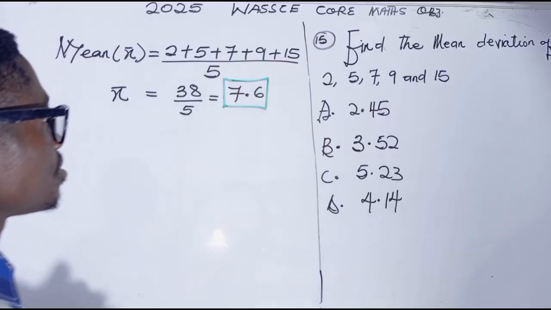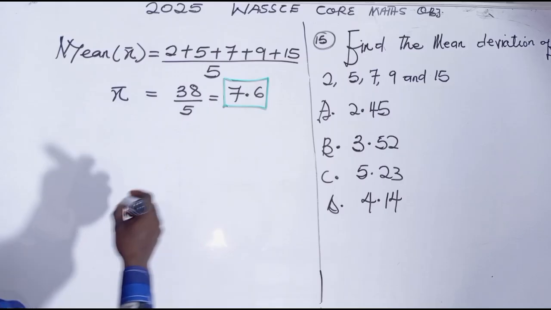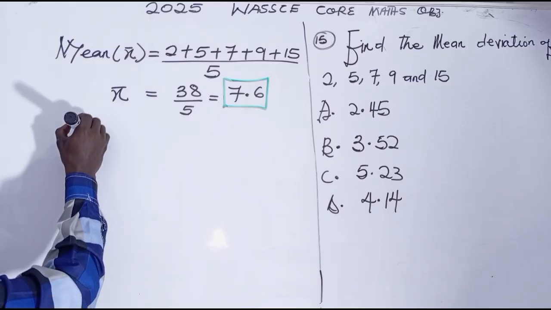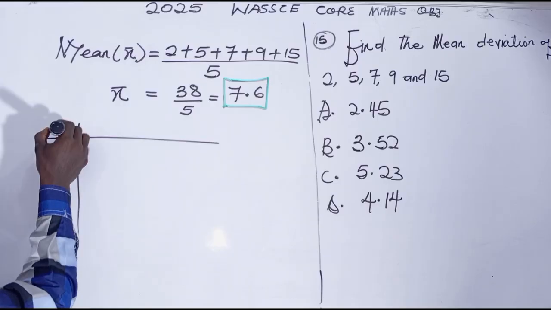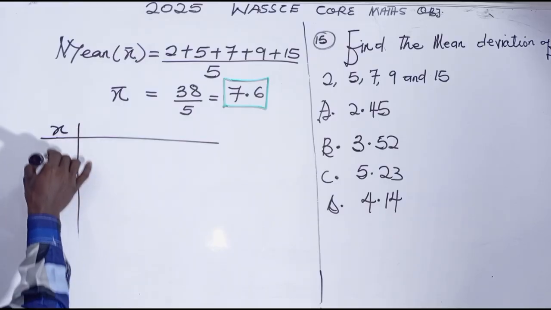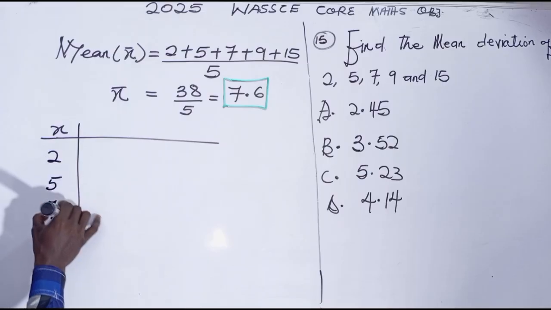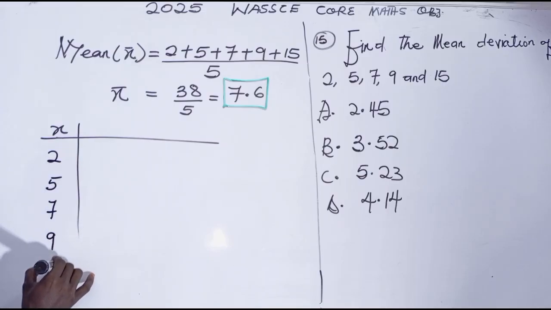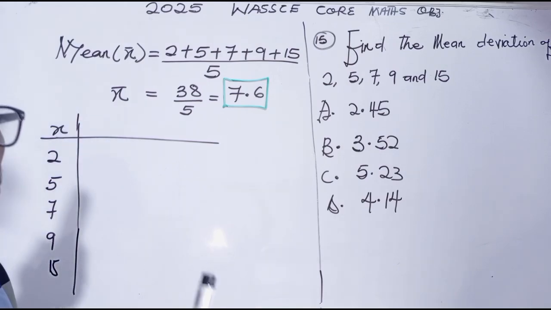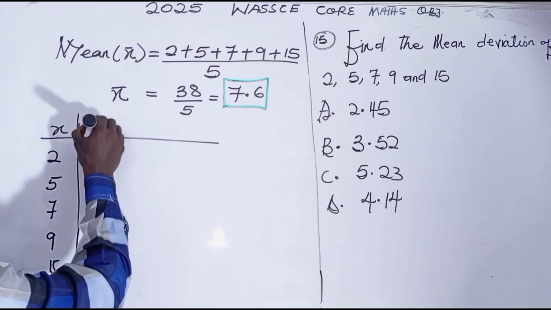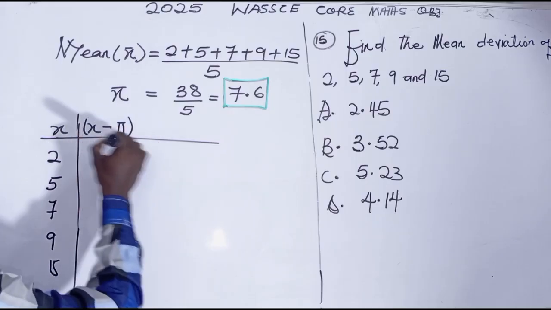So let's use a table to help us do it nicely and easily. We draw a very short table, and this column represents the data set, which is 2, 5, 7, 9, and then 15. Since we are talking about how far, which is the difference, we subtract the mean from the data.